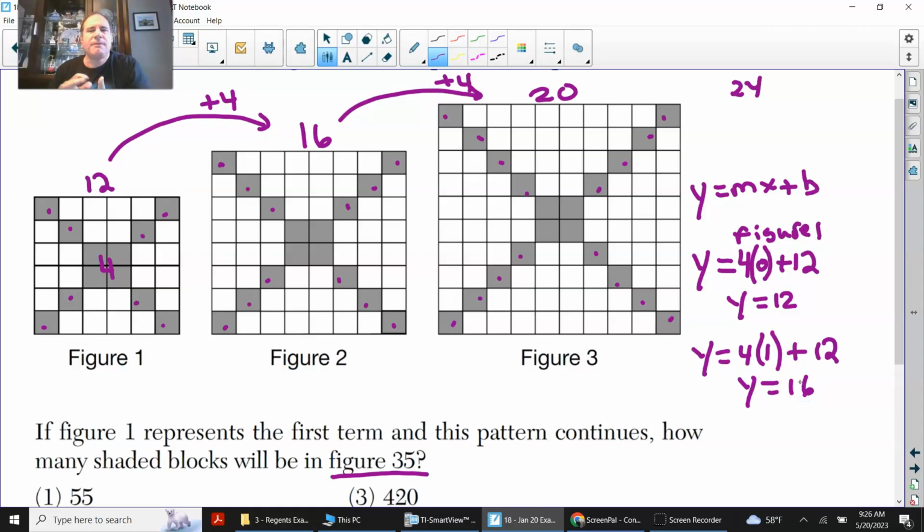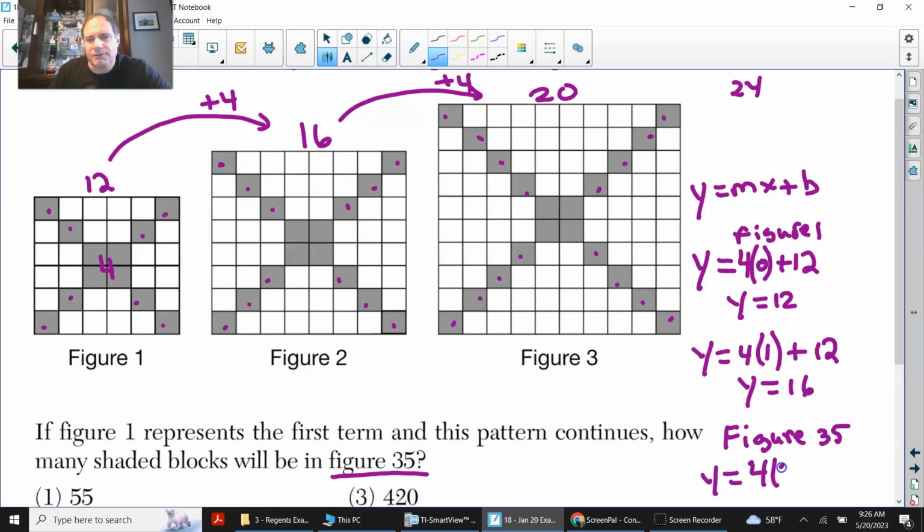So every time I want figure 2, I have to put in 1. Figure 3, I have to put 2 in as the x. Figure 4, I have to put 3 in as the x. So if I wanted to go to figure 35, I would have to substitute 34 in.